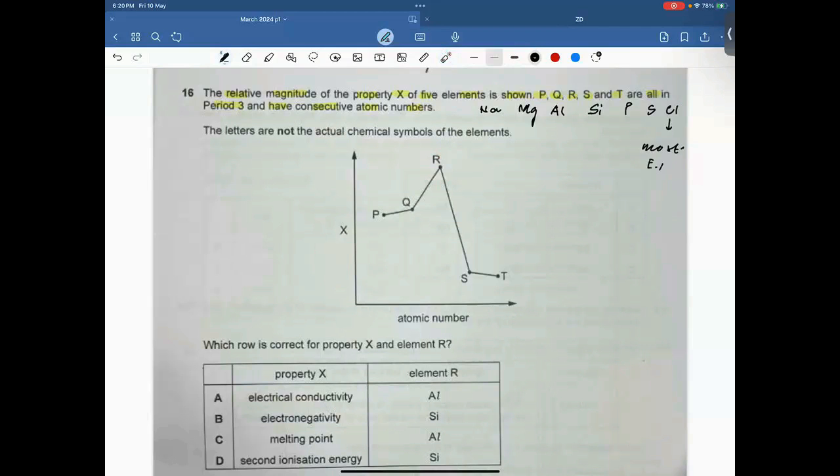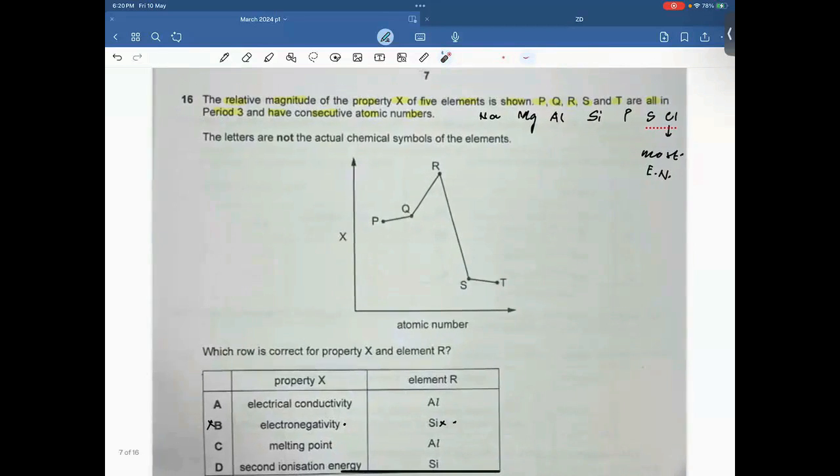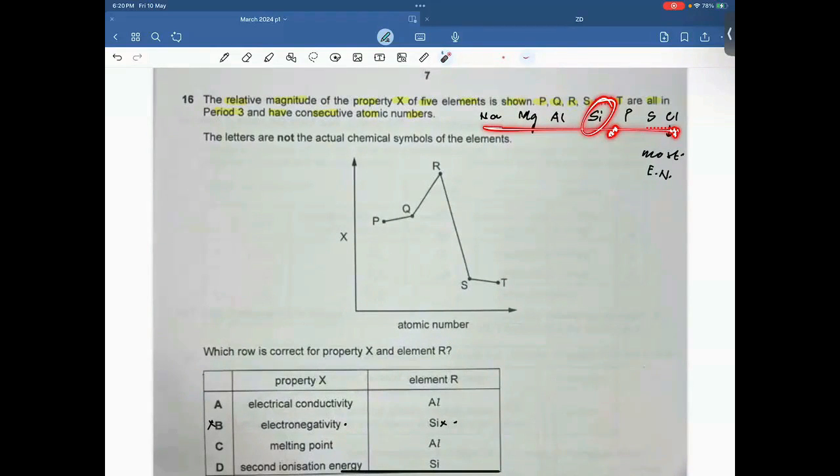So if it is electronegativity, obviously silicon would not be the correct option, because chlorine is the most electronegative element. Obviously B is going to be the incorrect option. If R has the highest melting point, I know that silicon has the highest melting point among all these period 3 elements. And over here we have written aluminum, which means option C is also incorrect.